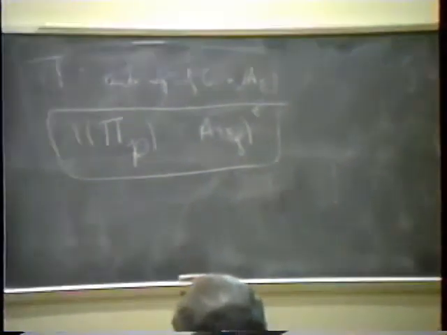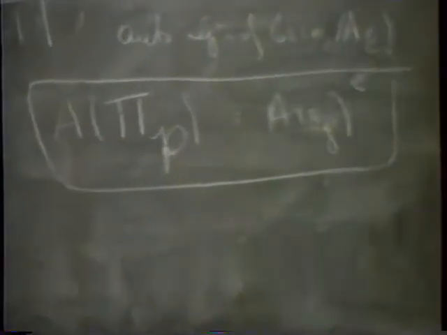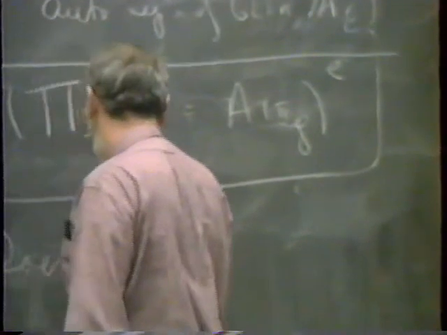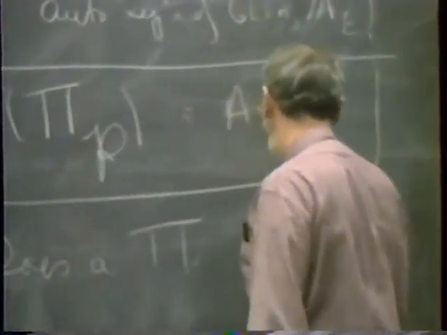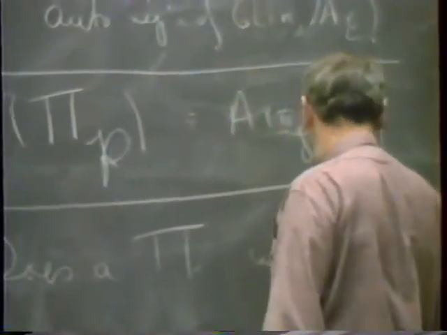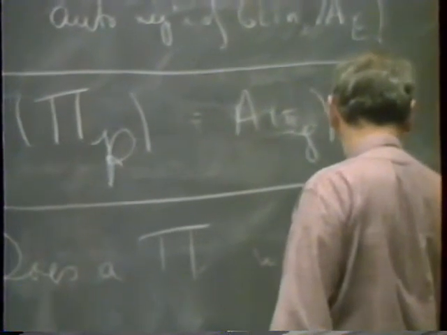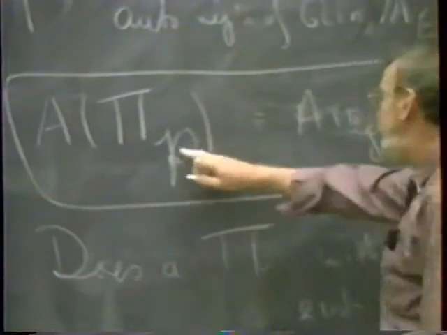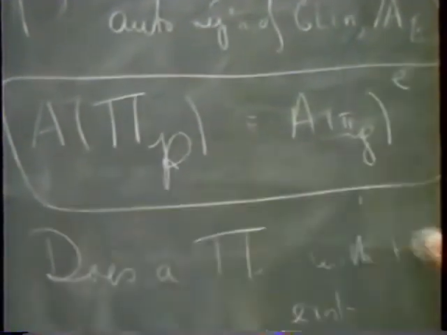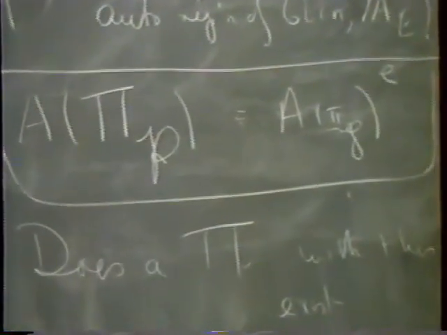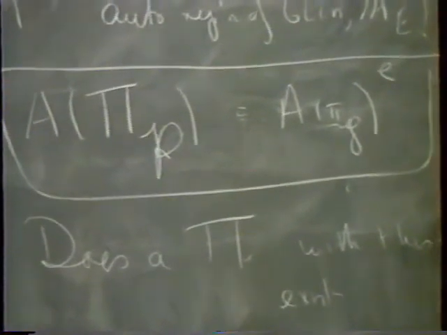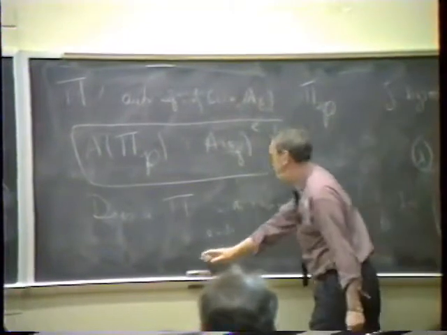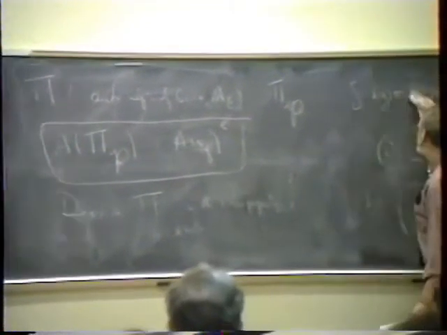It's not really a defining relation, but the question becomes then, does a pi with this property exist? I mean, this defines this matrix at almost all primes P, and therefore it defines the local component pi p at almost all primes P. And therefore, in fact, it determines capital pi.